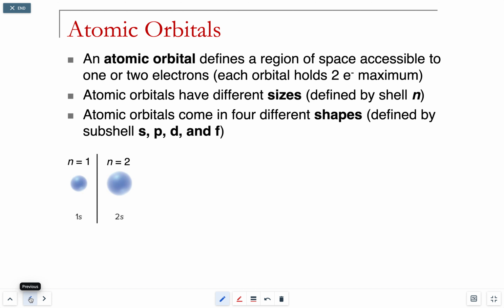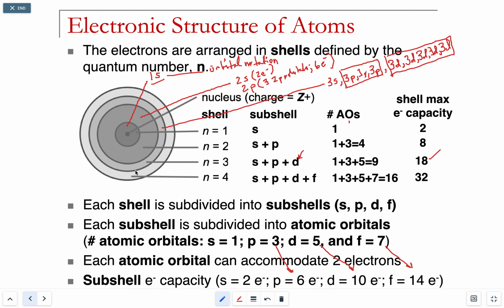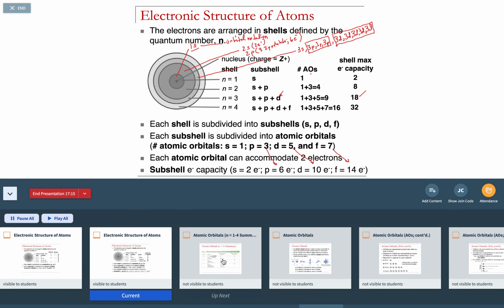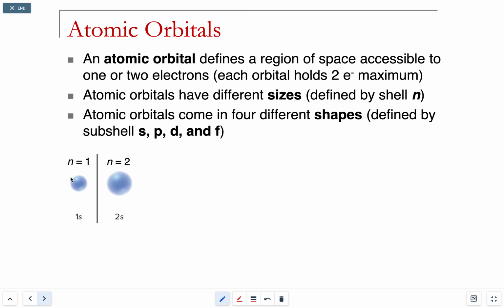So we see the 1s is here, a 2s orbital is going to be bigger. In both cases, the shape of the orbital is spherical, so it forms a sphere, and the probability of finding the electron is in this sphere.